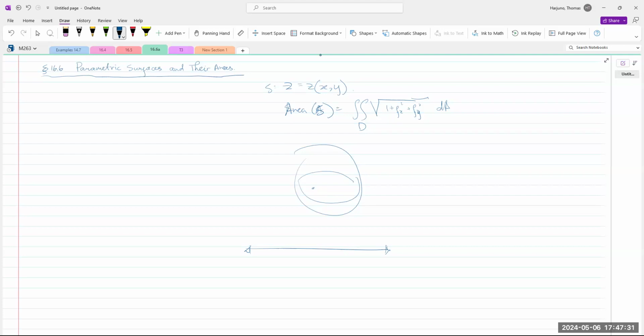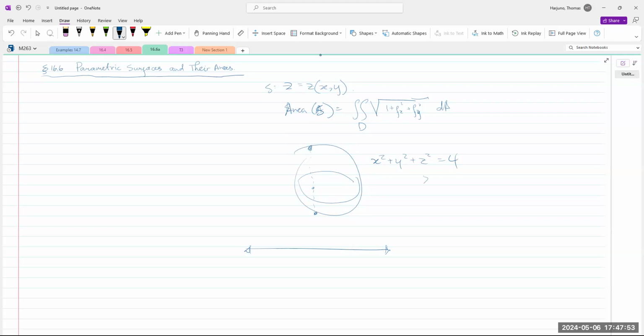So if you rely on the fact that you have z as a function of x and y, then you need to account for the point on the top and also at the bottom. In other words, a sphere x squared plus y squared plus z squared equals 4 cannot be re-expressed using one single function of z.